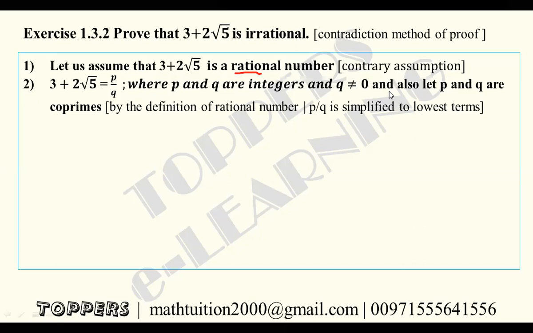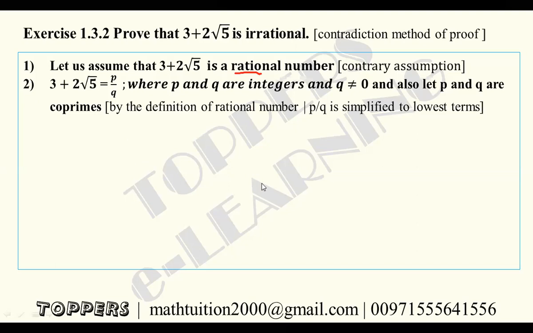Also we are assuming p and q are co-primes, in simplest or lowest terms after simplification. So p and q have no common factors except 1, so we can call p and q co-prime.